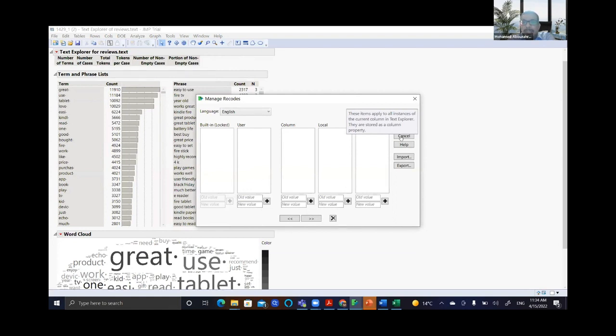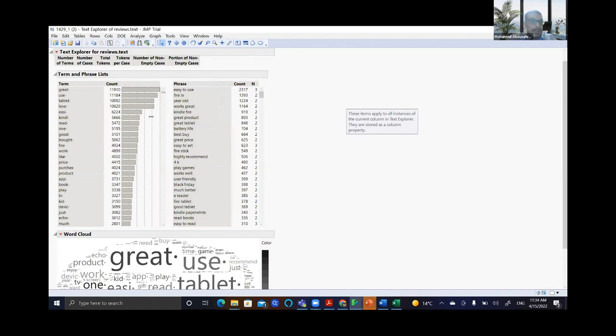For example, the word great and the word good, they both mean similar things. A device that is good, working fine, right? So you may want to combine them together. So how do you combine them together?